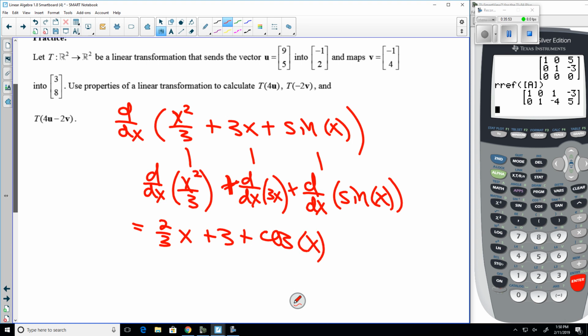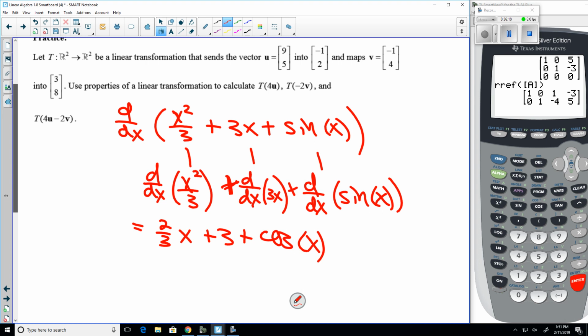Okay, right? So doing each derivative separately and adding them together is the same as taking the sum of all these first and taking the derivative of it. In fact, it's so hard to do it this way, we never do it that way, right? We have to break it down to be able to do this without having to use the limit definition.